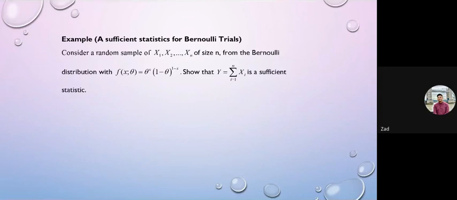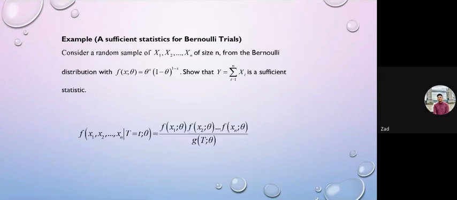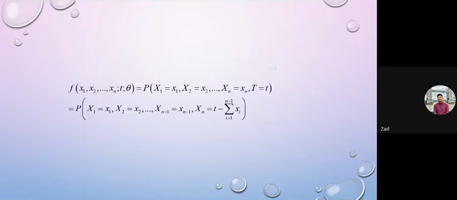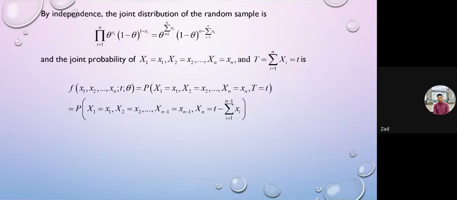Again, we already computed for the Bernoulli distribution. We want to show that Y equals summation Xi is a sufficient statistic. The first example is based on the definition, so we compute the conditional probability. That means we have to construct the joint PDF, which is theta to the power summation xi, times 1 minus theta to the power n minus summation xi.